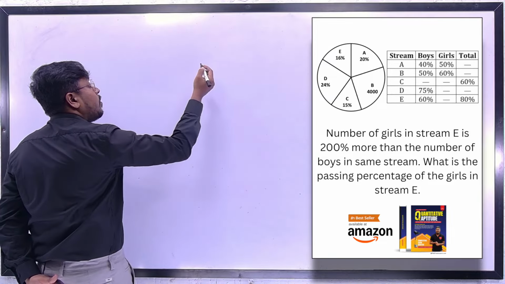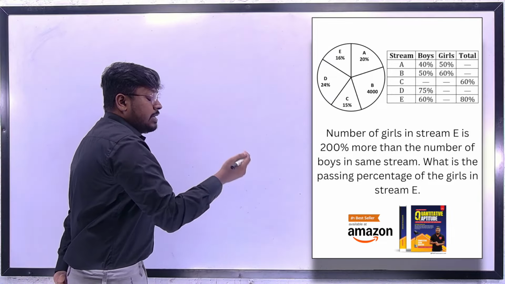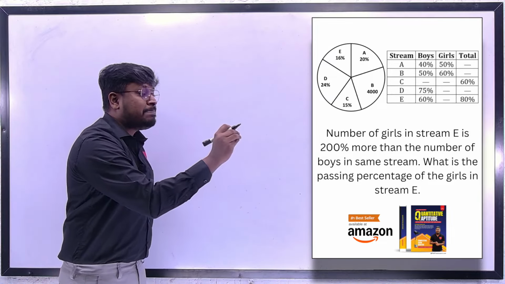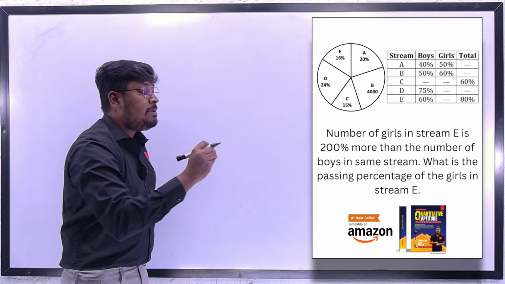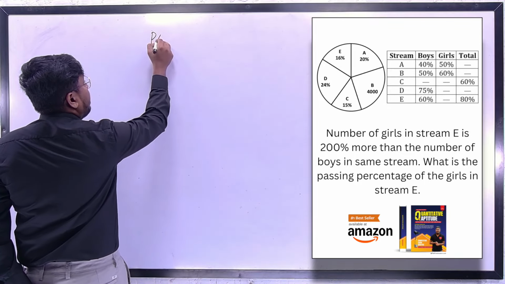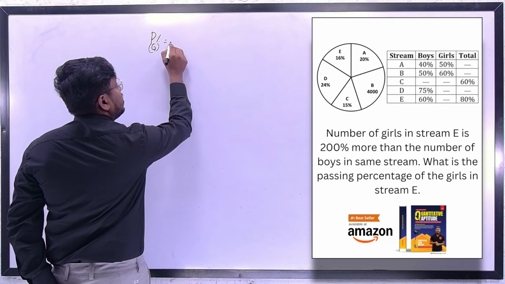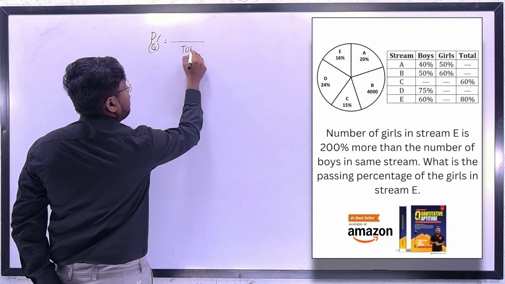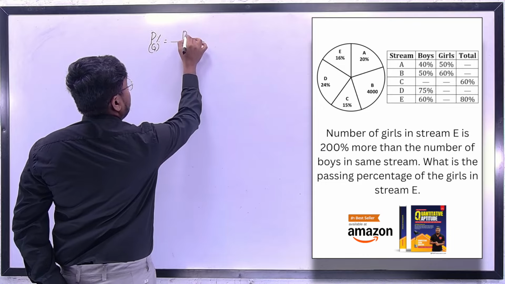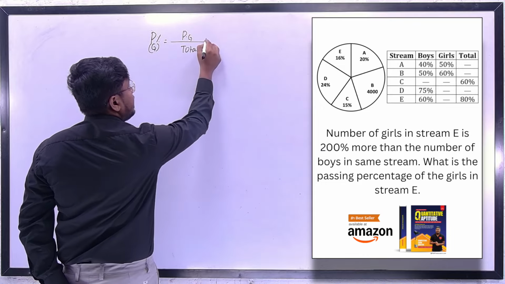First, let's understand what they are asking: the pass percentage of girls in stream E. How will you find it? The total number of girls is in the denominator, and the numerator will be the total number of girls passed, multiplied by 100.